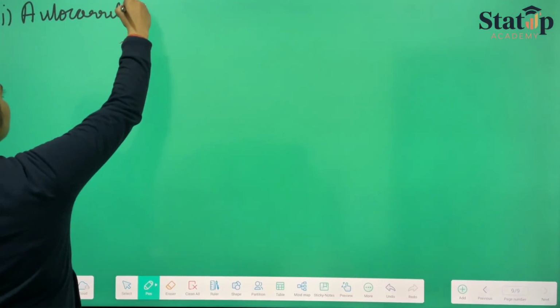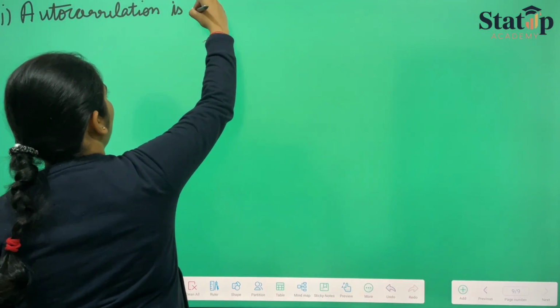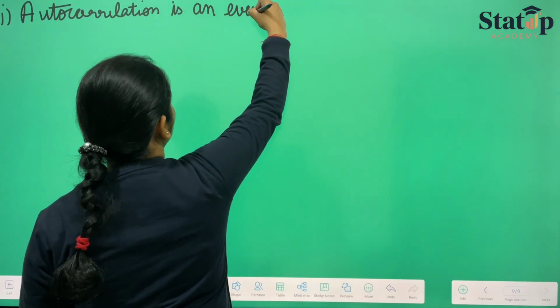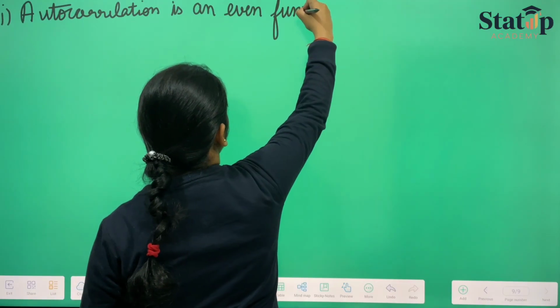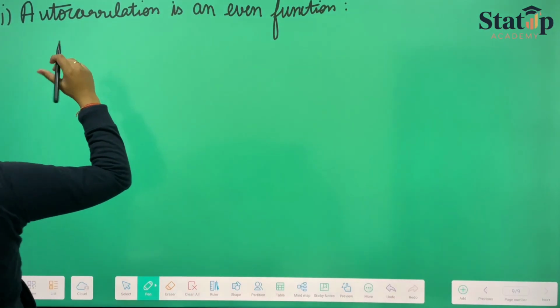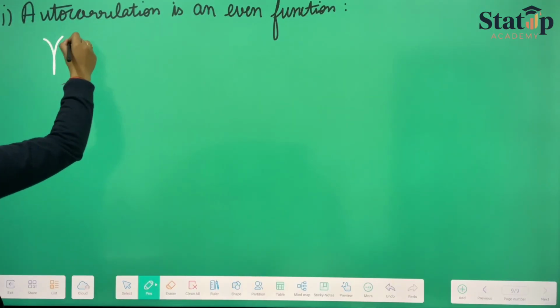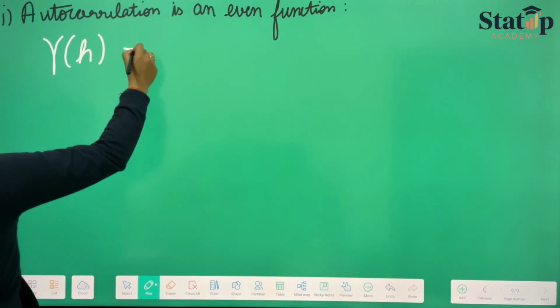And the third one would be that autocorrelation is also an even function. Autocorrelation is an even function. So we know that the autocovariance is an even function.